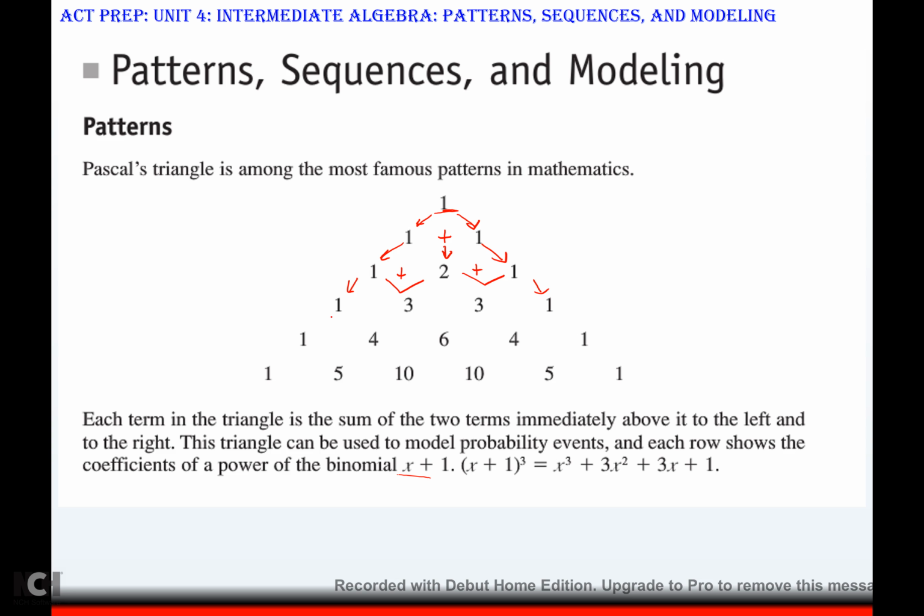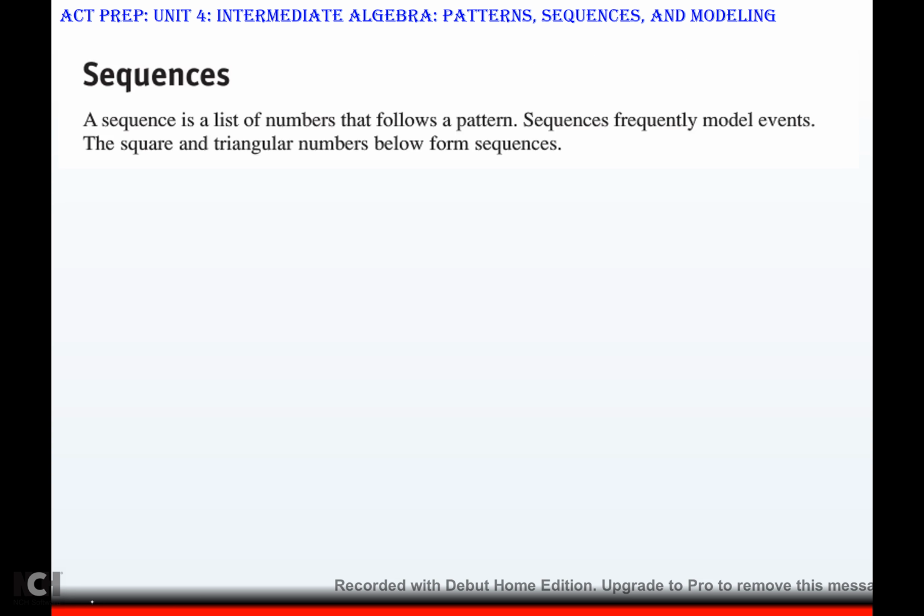So to get my next row, my 1's drop, and I get 1 plus 3 is 4, 3 plus 3 is 6, 3 plus 1 is 4. Drop the 1's. 1 plus 4 is 5, 4 plus 6 is 10, 6 plus 4 is 10, 4 plus 1 is 5. It's really a very cool pattern, but there's a pattern to it.